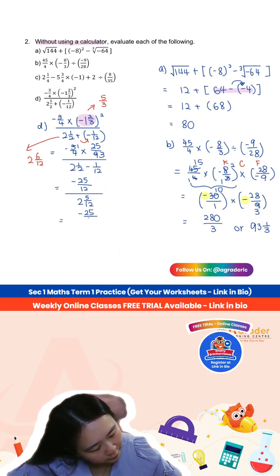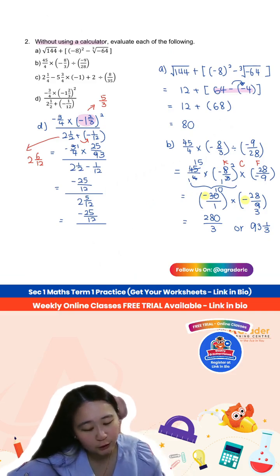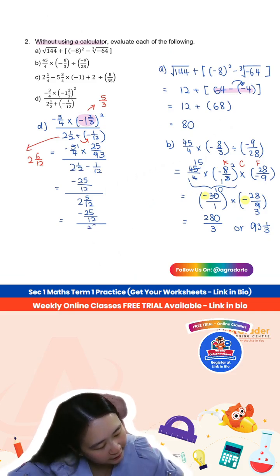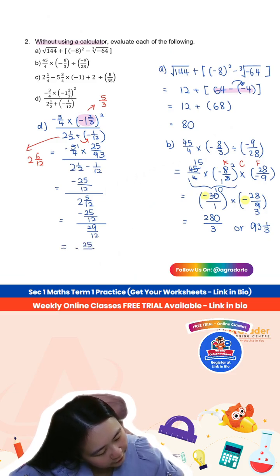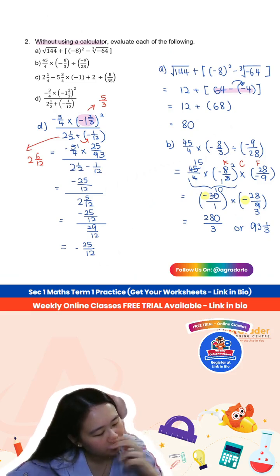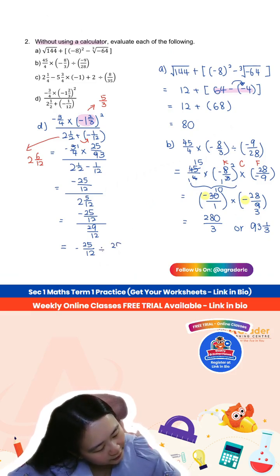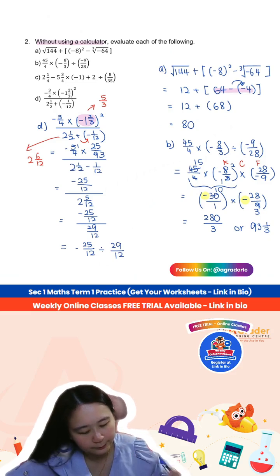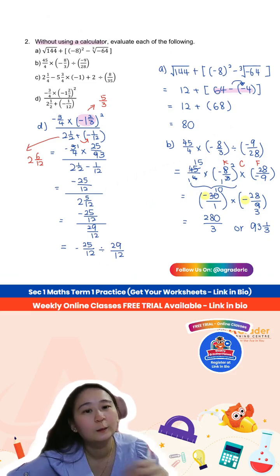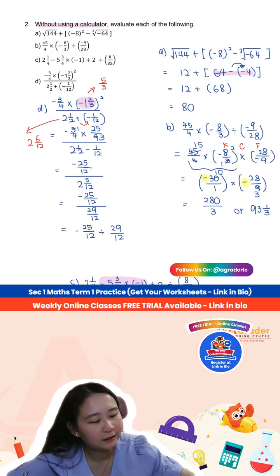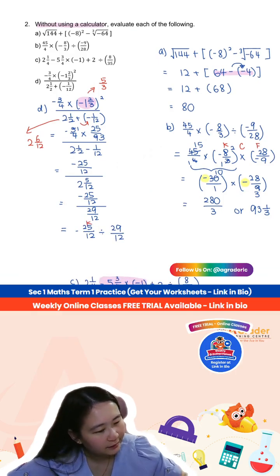So negative 25 over 12 divided by 2 whole 5 over 12, we change to improper fraction, we get 29 over 12. And then we leave it in terms of division. So negative 25 over 12 divided by 29 over 12. Similarly, we use our KCF.